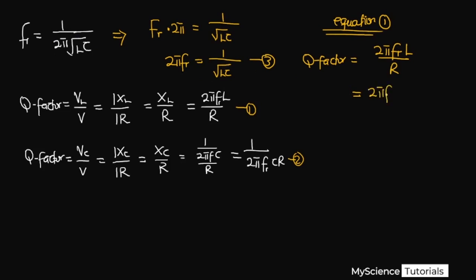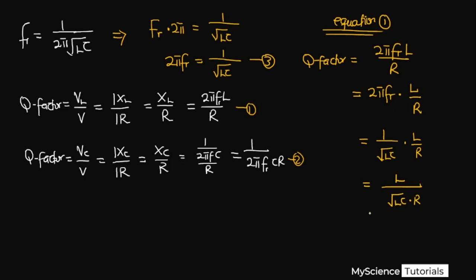This is 2 pi FR multiplied by L over R, and in place of 2 pi FR we can substitute this. So Q factor is equal to 1 over the root of LC multiplied by L over R. So this will be equal to L over the root of LC multiplied by resistance.